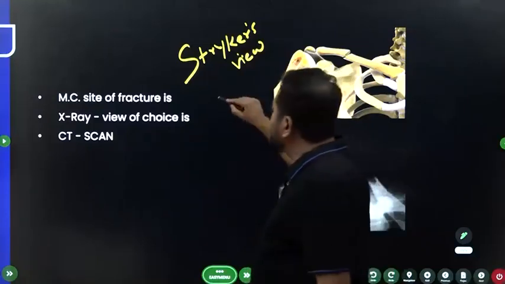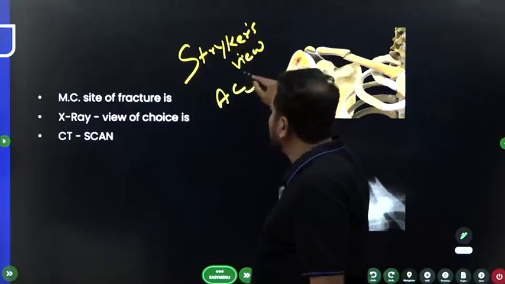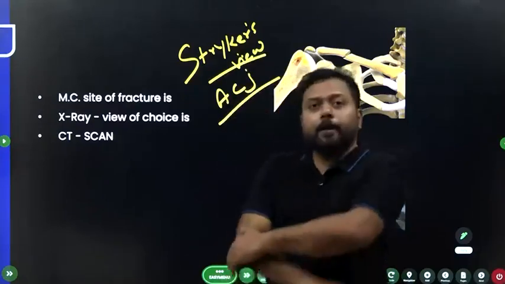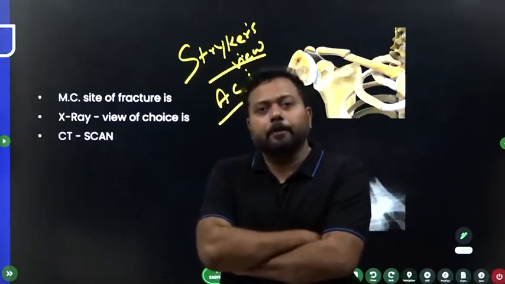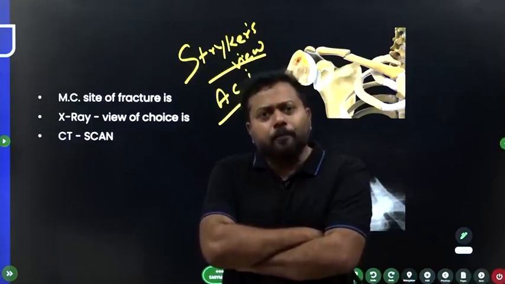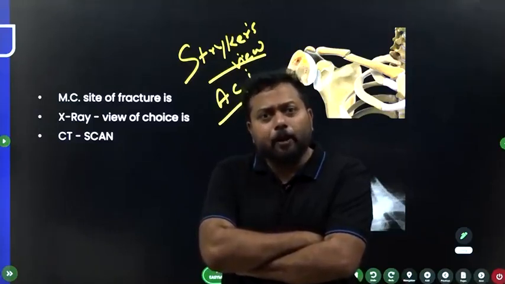Stryker's view is the view of choice to see the acromioclavicular joint. So whenever they ask in an MCQ the best view to diagnose acromioclavicular joint dislocation, the answer is Stryker's view. The best view to diagnose fracture clavicle is the 45-degree lordotic view.